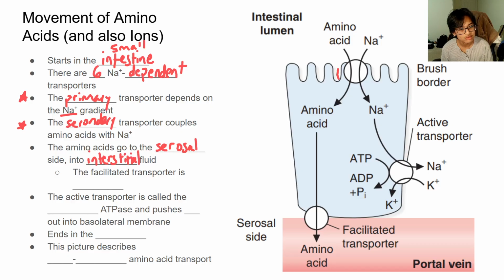interstitial fluid. So the facilitated transporter right here is bidirectional. And the reason it's bidirectional is a little morbid because if you're pushing amino acids through, you need the amino acids to be broken down eventually, because that's what part of this lecture is for, I think.